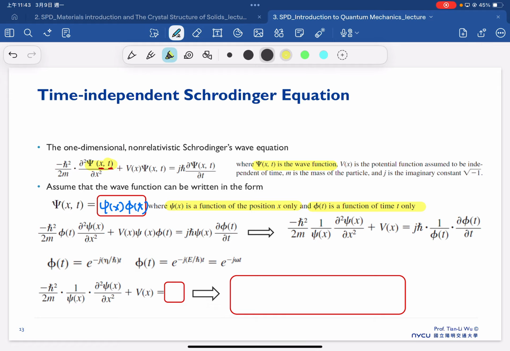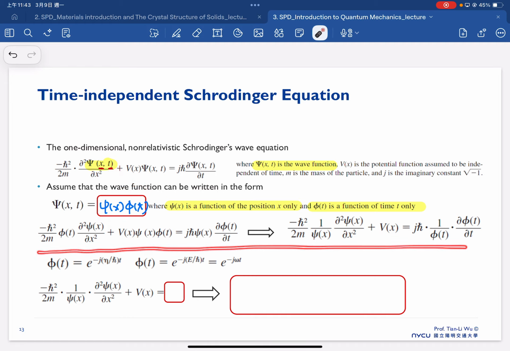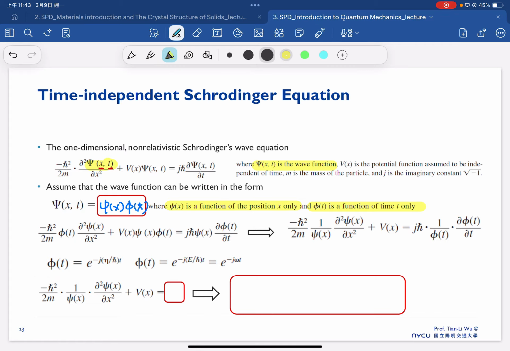Now you put it inside with a certain derivative, and we also consider that phi(t) can be written in the form of an exponential of minus j times a certain number times t, so phi(t) is equal to exponential minus j omega t.